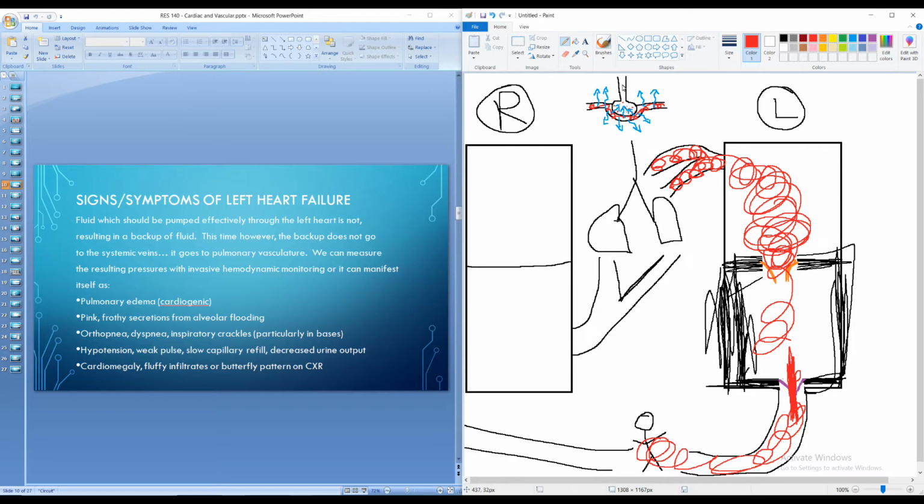CO2 is still trying to make its way out, and the patient is ventilating and has little tiny bits of air moving back and forth, but there's so much fluid and all this protein and other stuff in there that it ends up frothing up, kind of like when you crack open a soda bottle after you shake it. It just goes whoosh, and it fills up with foam, and that foam just goes drizzling out everywhere. That foaming action is kind of what's happening right here in these lungs with cardiogenic pulmonary edema.